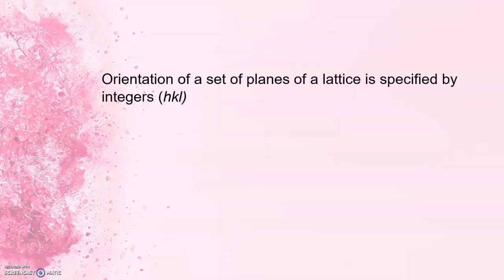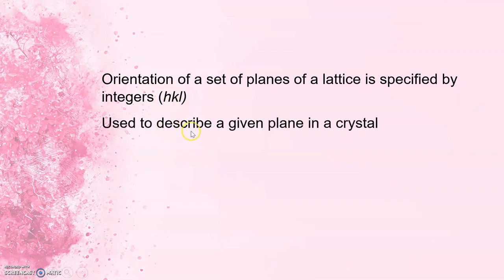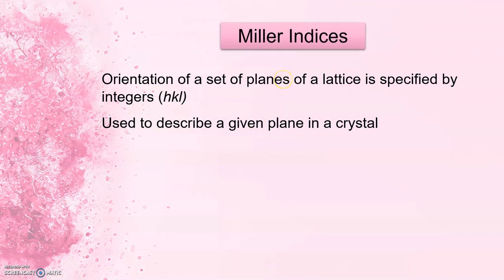The orientation of a set of planes of a lattice can also be specified by a set of integers h, k and l. These are used to describe a given plane in a crystal, and these are called the Miller indices. Miller indices are preferred since they are much more convenient to use than Weiss indices.